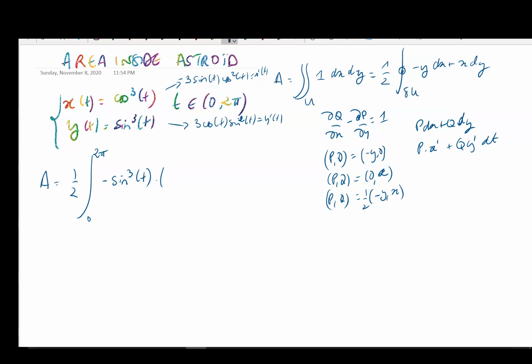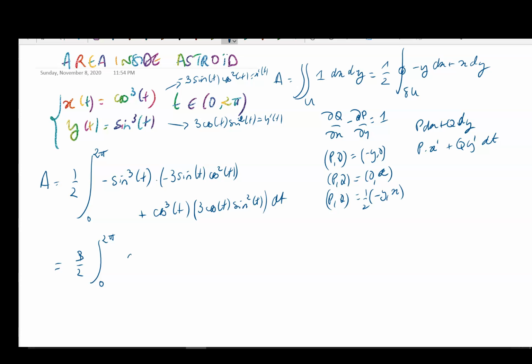Okay, so P was negative y, so minus sine cube of t times x prime, so times minus 3 sine t cos square of t, plus Q is x, so cosine cube of t, times y prime, so 3 cos t sine square of t, that whole stuff dt. Okay, so let's just expand that. I can even factor out the 3, integral from 0 to 2 pi.